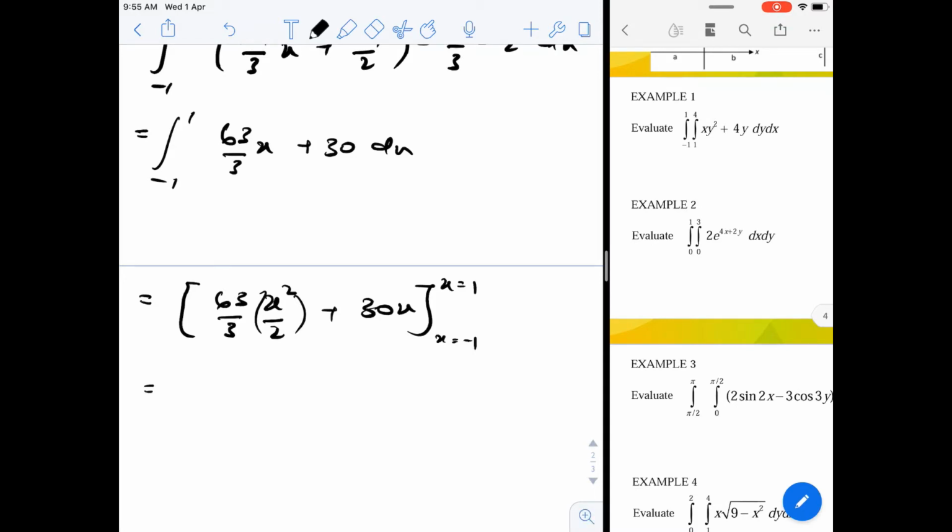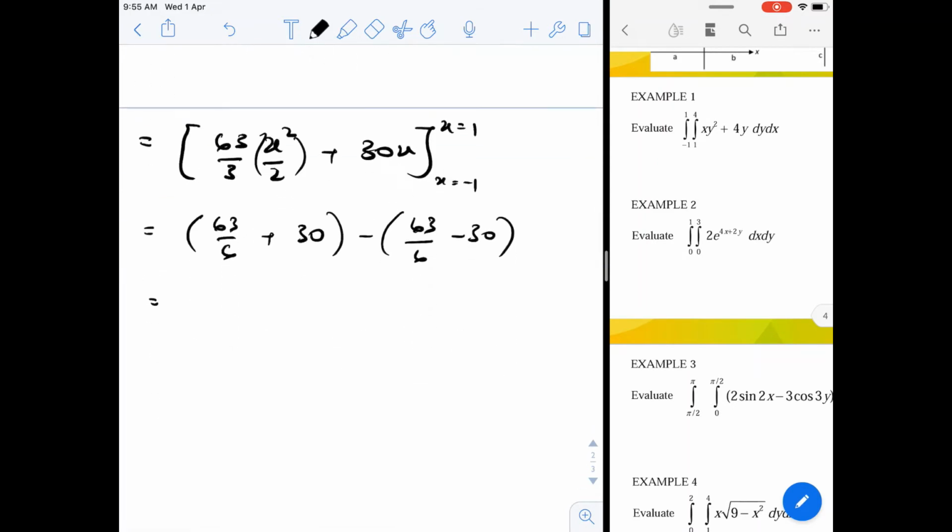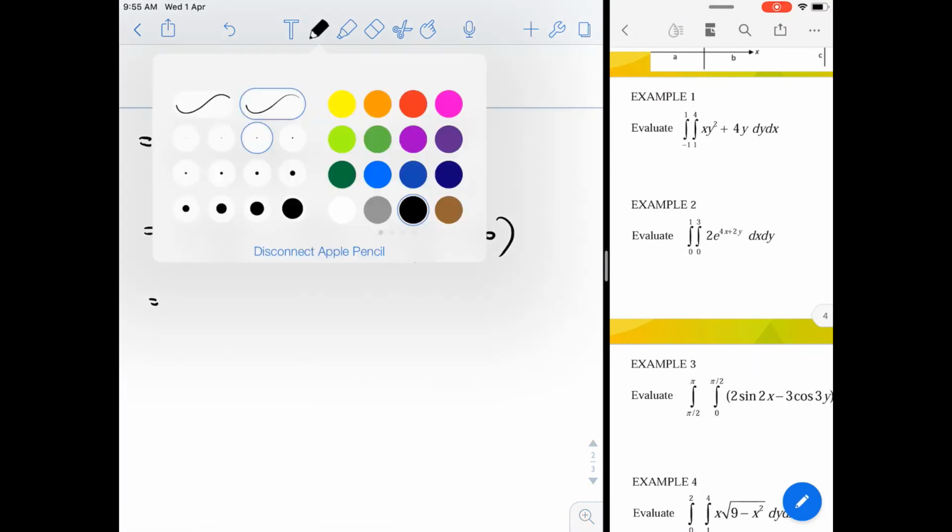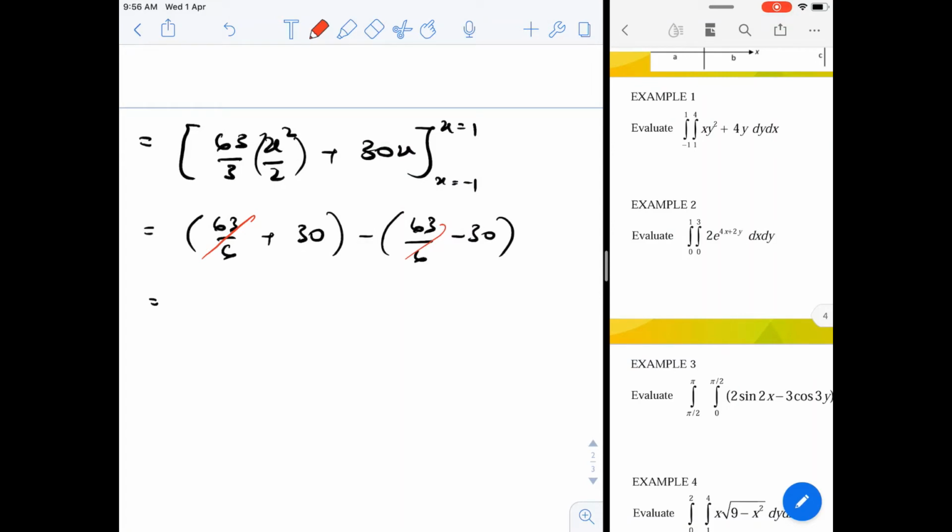So finally we will get 63 over 3 times, okay, x substitute with 1, so we have 63 over 6 plus 30, and then minus negative 1 squared, so becomes remain positive. We have 63 over 6, and then plus 30 times negative 1 minus 30. So the answer is, alright, so this one we can cancel here, so 30 plus minus minus become plus, therefore the answer is 60.